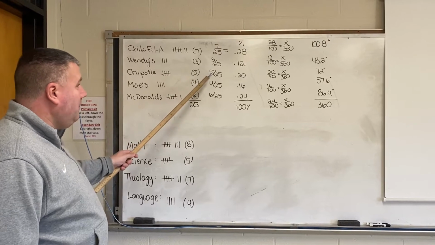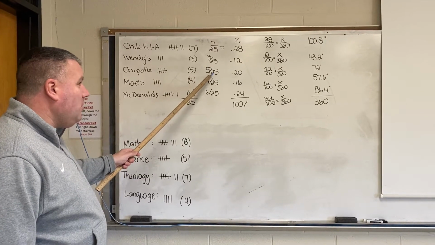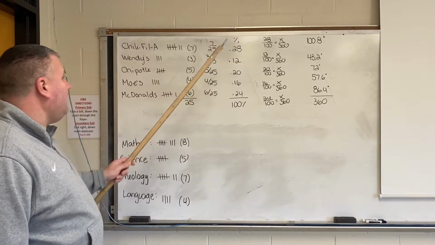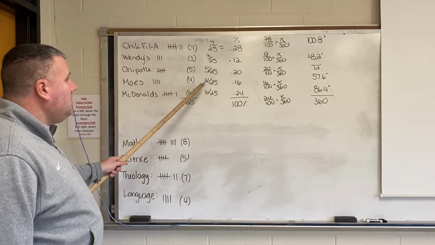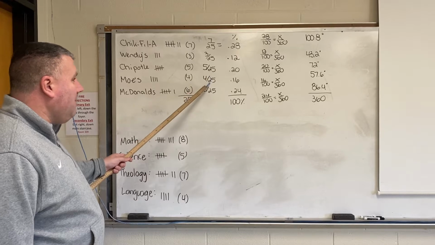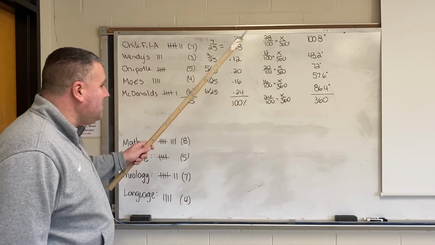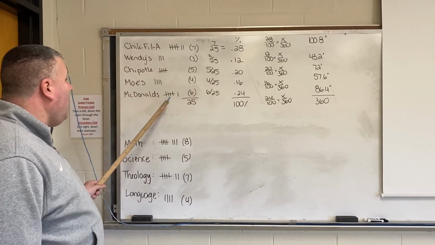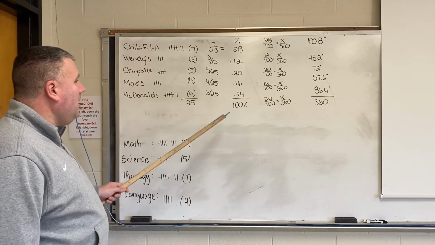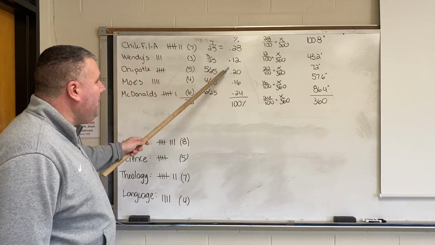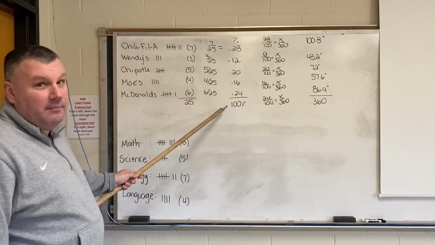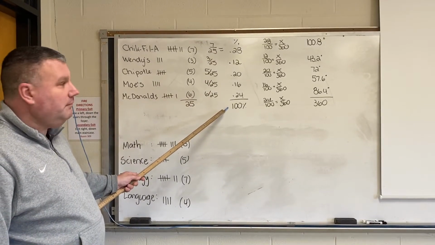Chipotle, 5 out of the 25 total, is 20%. Moe's, 4 divided by 25, gave us 16%. And McDonald's was 6 divided by 25, which was 24%. If I add up all my percents, it's equal to 100%. That's what we're looking for.